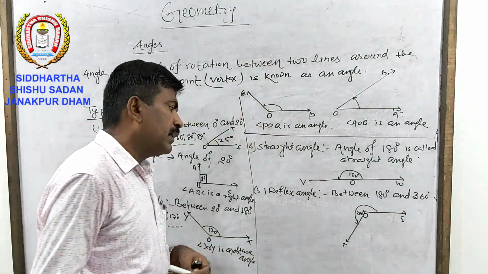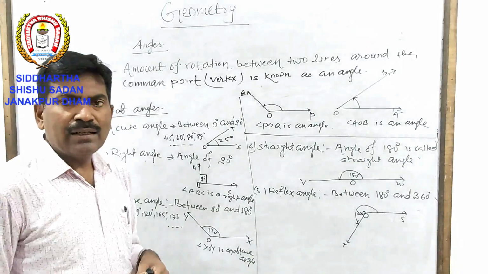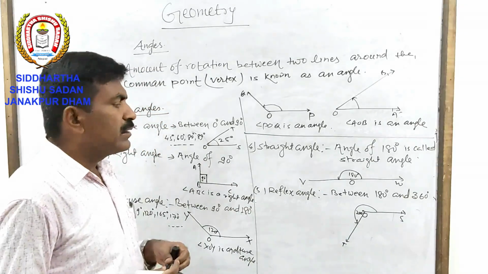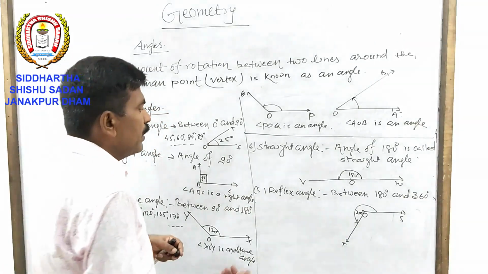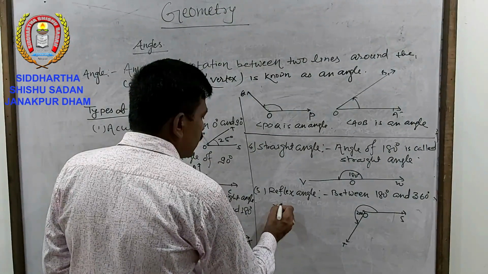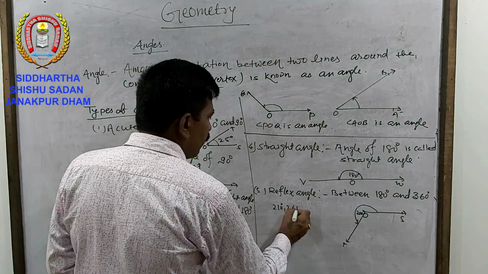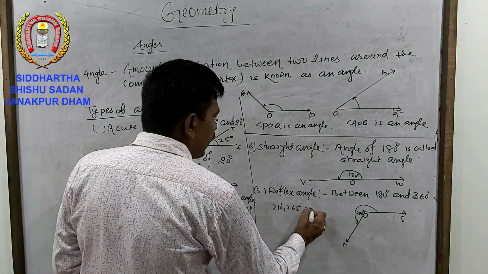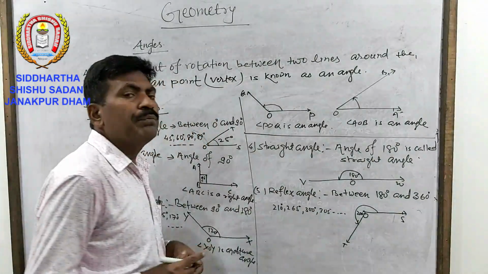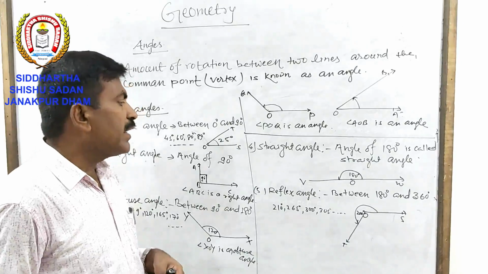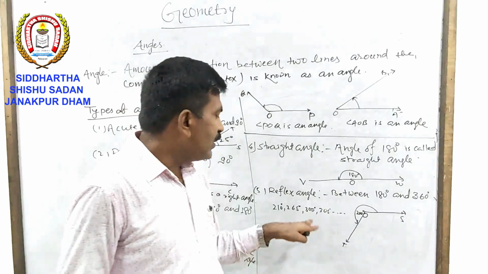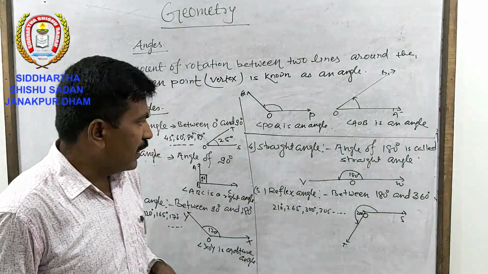This angle is an example of reflex angle, greater than 180 and less than 360. And so many examples we can take: greater than 180, 210 degree, 265 degree, 300 degree, 305 degree. There are so many examples which lie between 180 and 360 degree. So all these are examples of reflex angle.